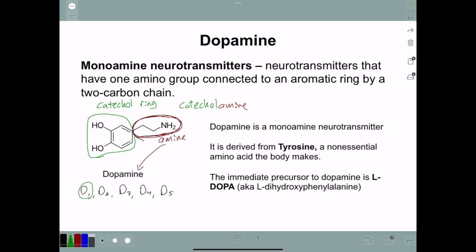D1 and D5 are grouped together, and these are collectively known as the D1 type. I'm going to use DA as a short for dopamine. The D1 type dopamine receptors. And so that leaves our D2, D3, and D4, which are categorized together. And these are known as the D2 type dopamine receptors.